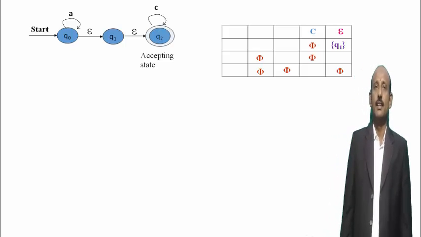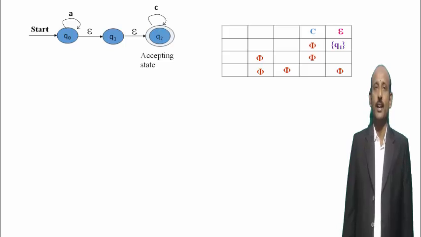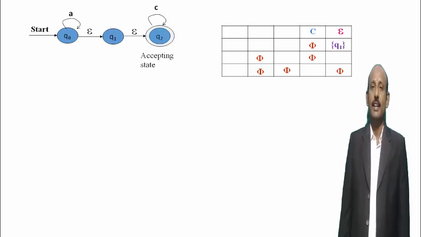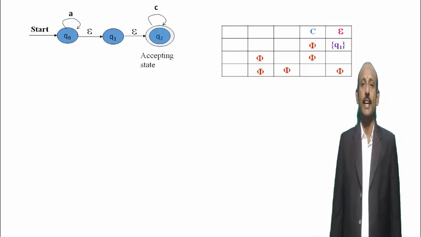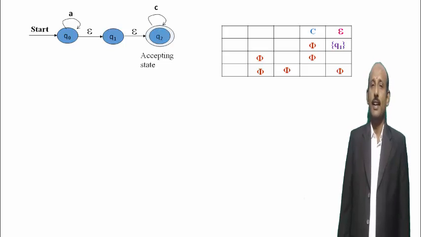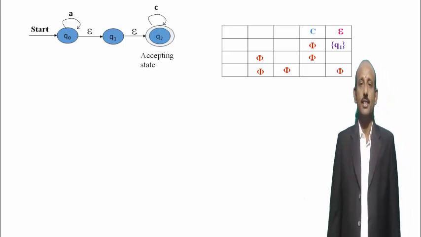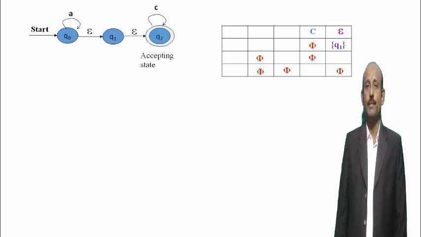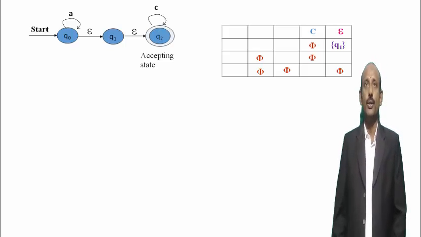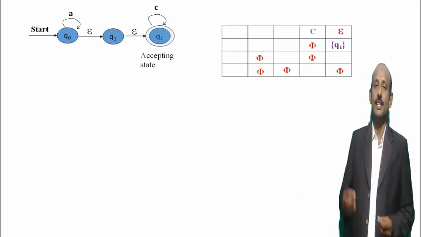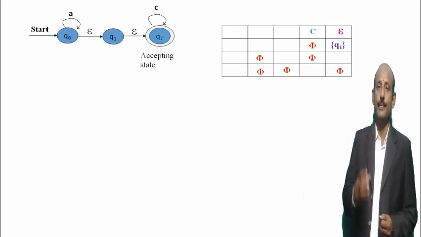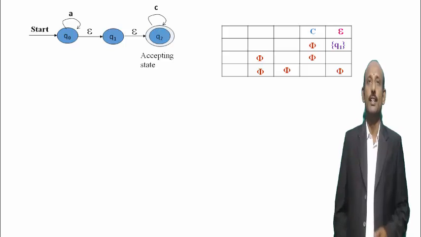In the starting state Q naught, it reads the input A. It contains a self loop, that means after reading input A, it comes back to the same state Q naught. The next input is the epsilon transition. We can make a move from state Q naught to Q1 with the epsilon transition. It does not read any input; it reads only the epsilon, so we can make a move into Q1.